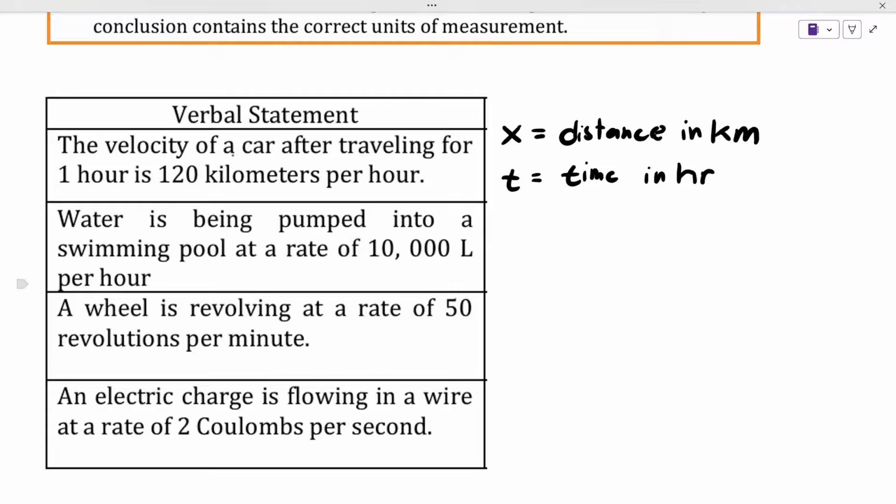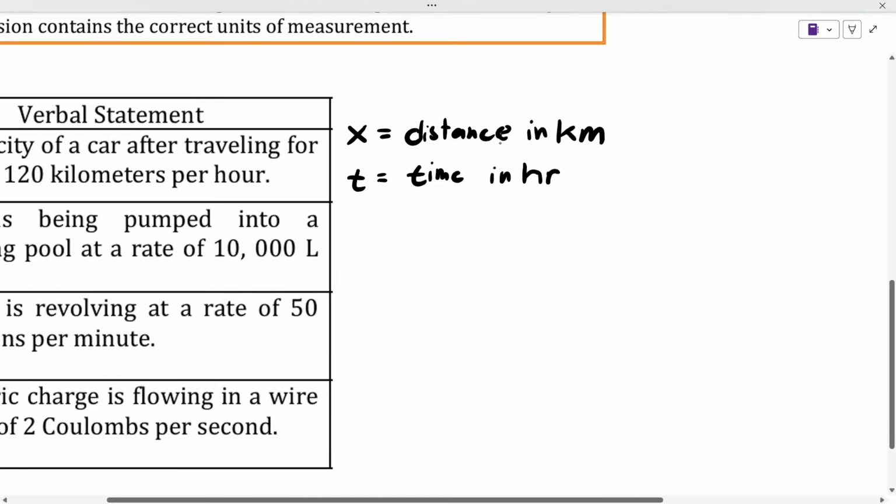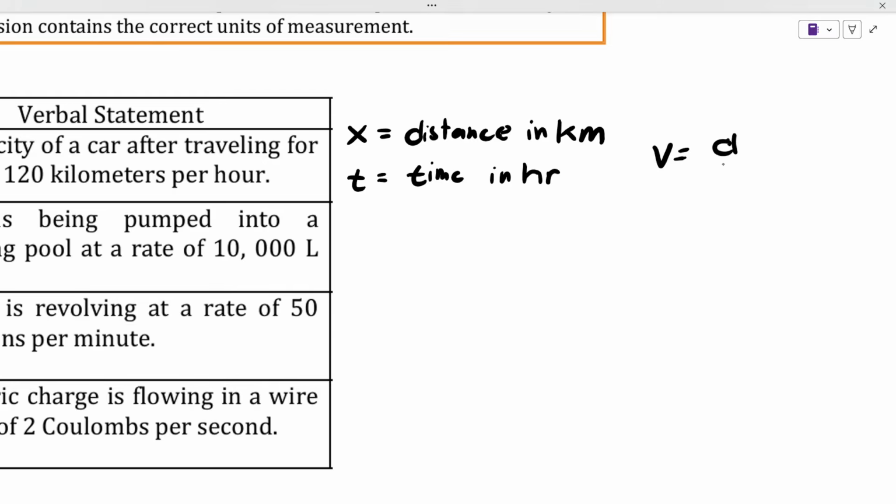Now, there's a parameter also given, the velocity. Velocity is equal to the distance over time.